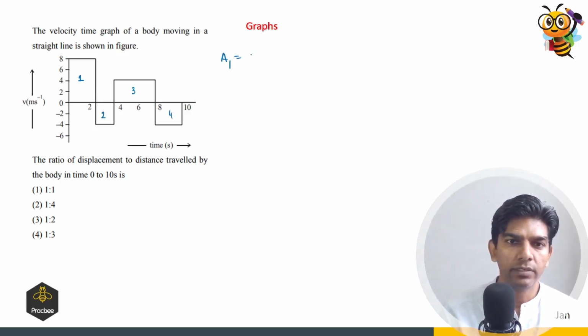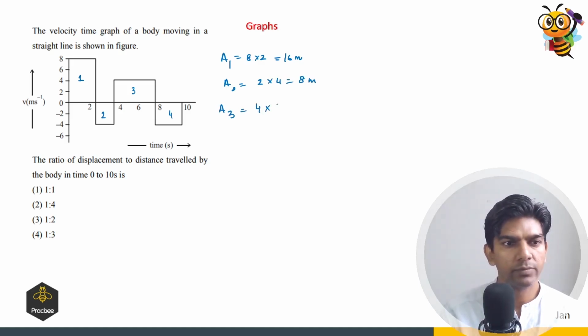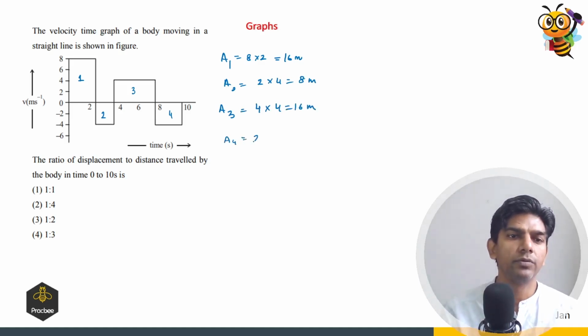A1 is a rectangle, so 8 times 2, 16 meters, and A2 will be 2 times 4, 8 meters. A3 will be 4 times 4, that will be 16 meters, and A4 will be 2 times 4, that will be 8 meters.